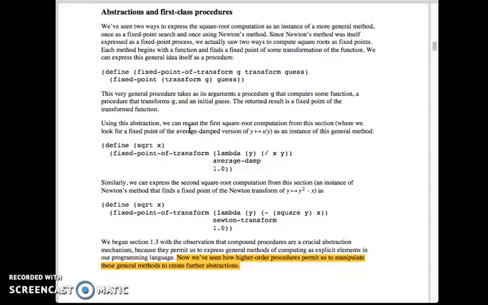Abstractions and first-class procedures. We've seen two ways to express the square root computation as an instance of a more general method, once as a fixed point search and once using Newton's method. Since Newton's method was itself expressed as a fixed point process, we actually saw two ways to compute square roots as fixed points.